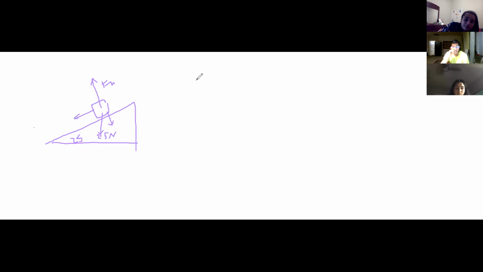I'm just gonna write. Actually, no, I'm just gonna leave it. I don't think I have space to write it. But okay, so this would be mg cos theta. This would be mg sine theta. So we have mg cos theta, mg sine theta.